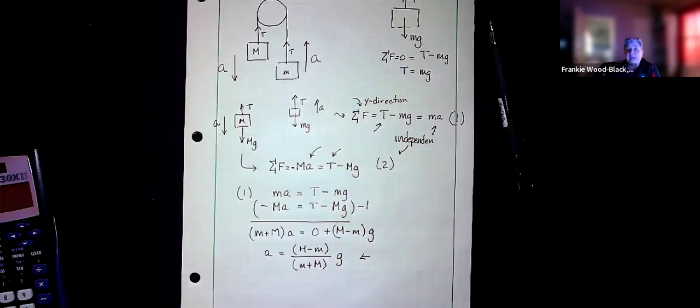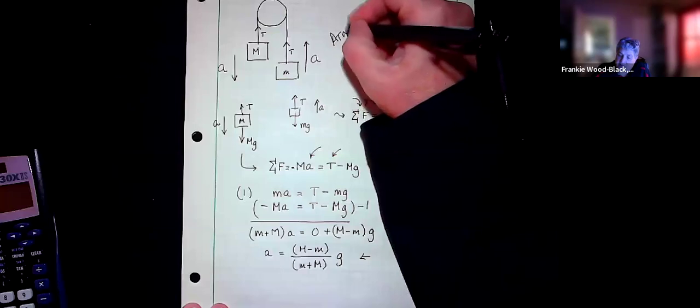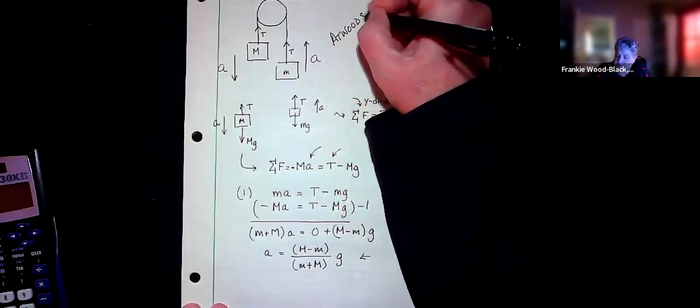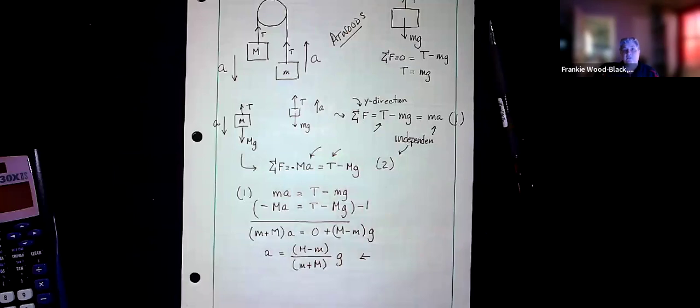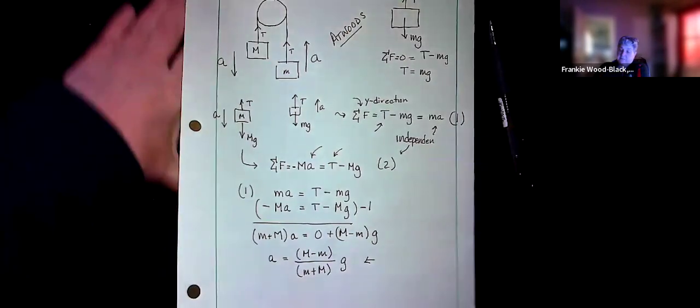So I'm playing with what my sum of my forces are going to be. And that gives us that Atwood's type problem. And that's what these are called. These are called Atwood's problems, where you can play with those particular masses. So we have that Atwood's problem.